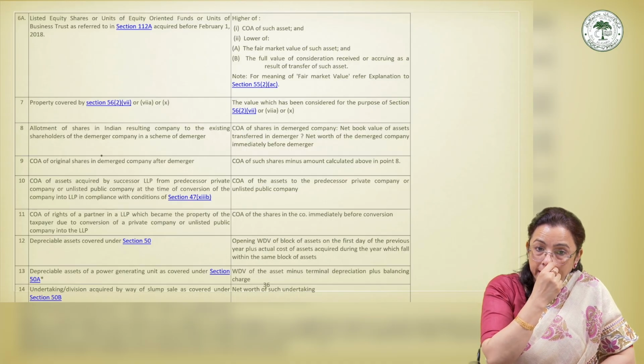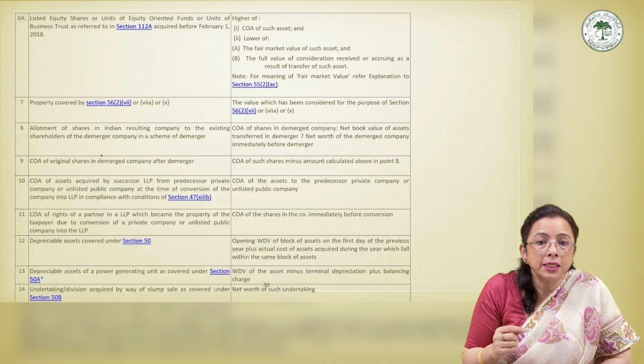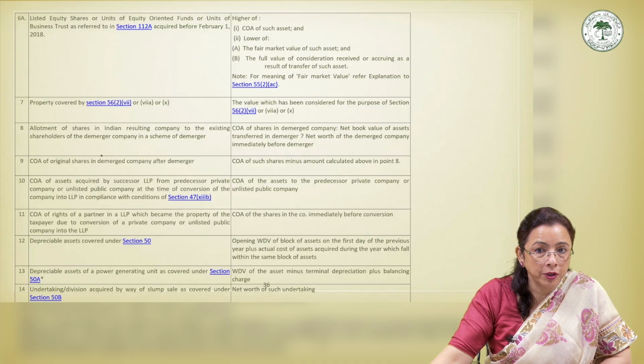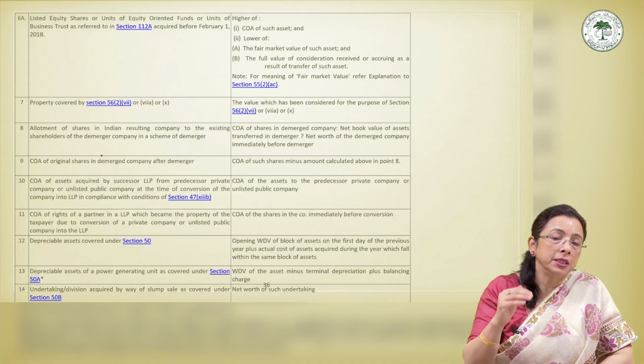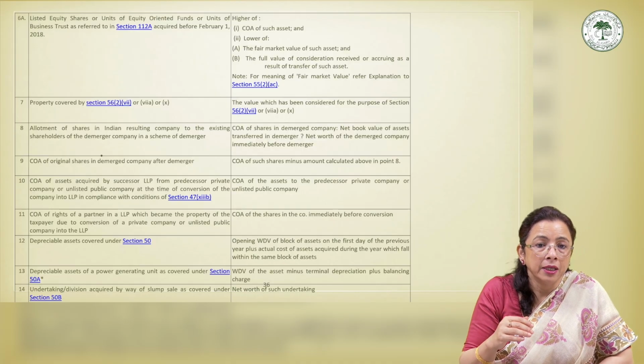So accordingly, where such assets were acquired before 1st Feb 2018, the COA will be determined in a very special manner. How?